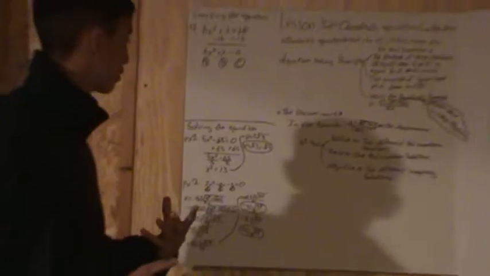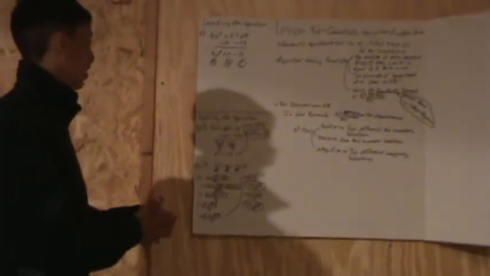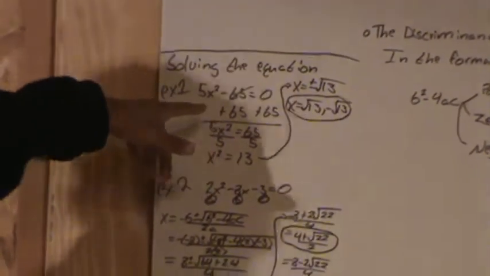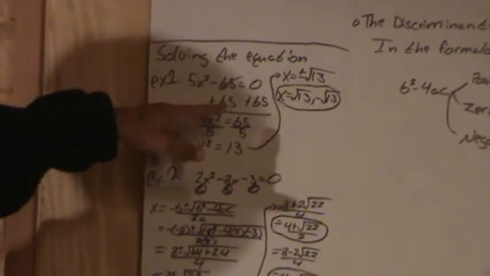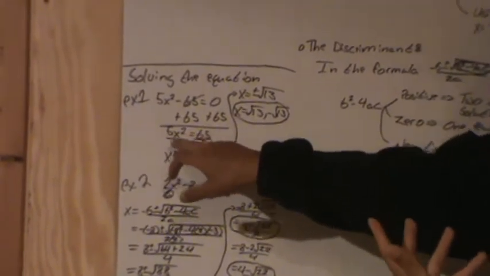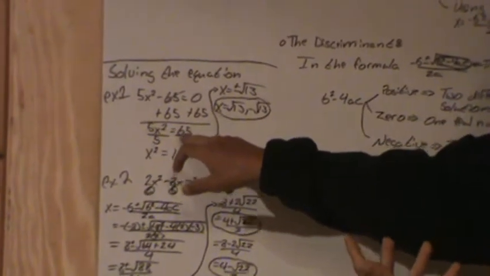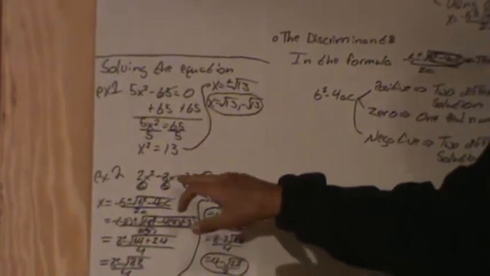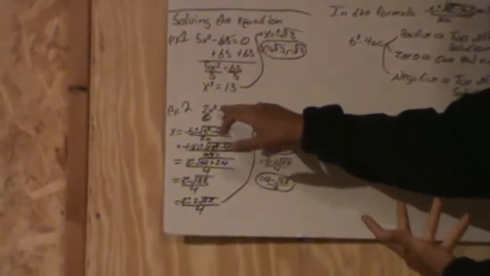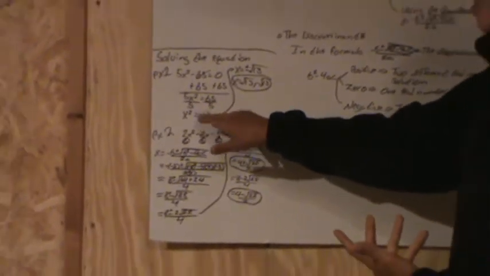Sometimes we're not going to have one of those numbers, so we have to figure out a different way besides using the quadratic formula. I get my number on the opposite side, so I add 65 to both sides, and that makes it 5x squared equals 65. Then I divide both sides by 5, and I get x squared equals 13.